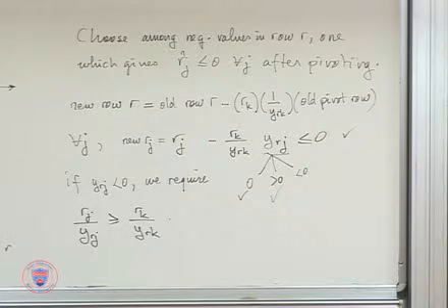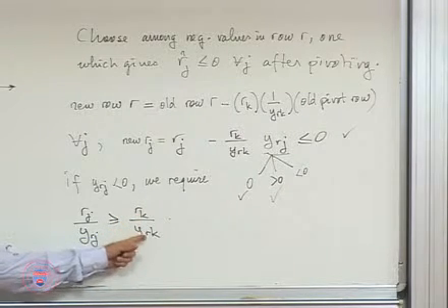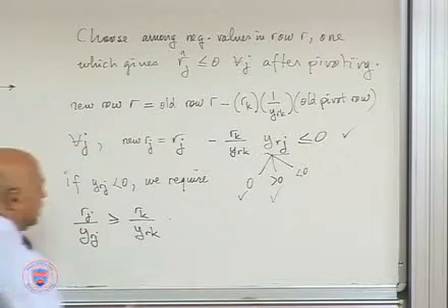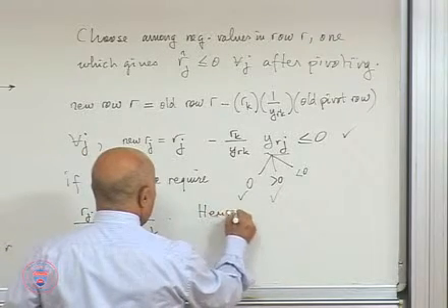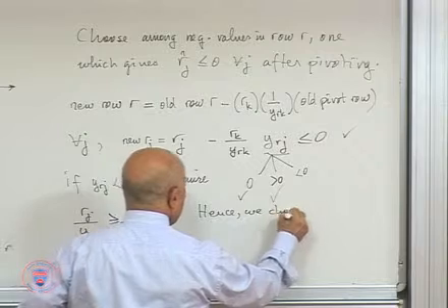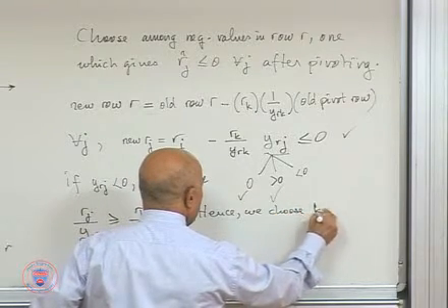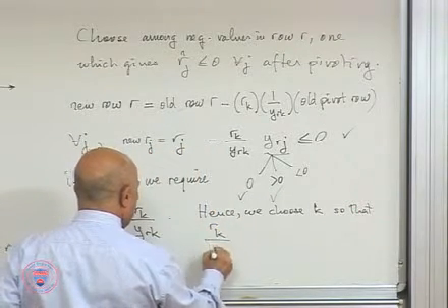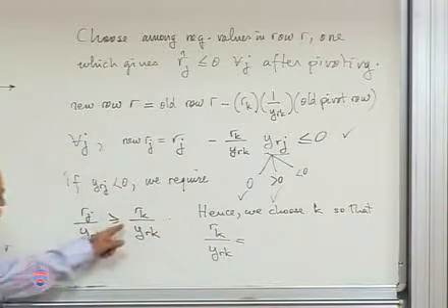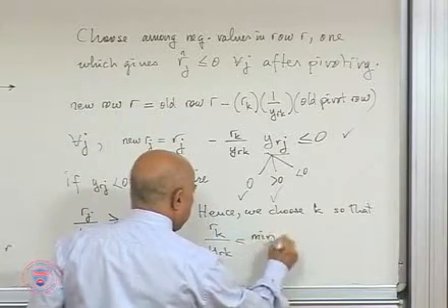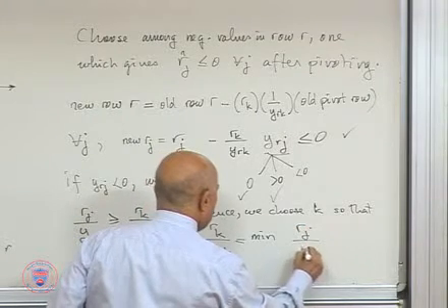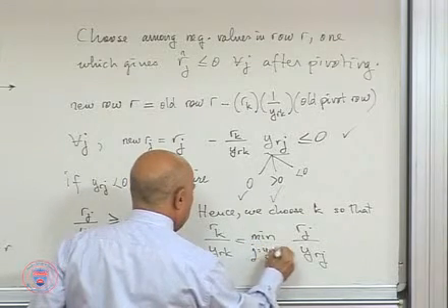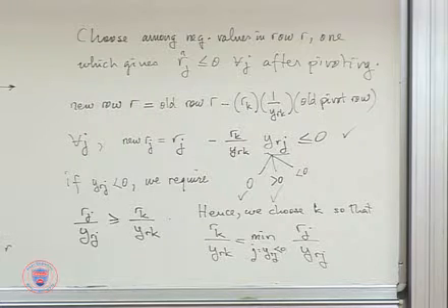Okay? So you want to pick your pivot element so that these inequalities are maintained or satisfied. Which means that, hence, we choose K so that the ratio of Rk to Yrk is the smallest of Rj over Yrj over those j such that Yrj is negative. Okay, that's the way you should choose.